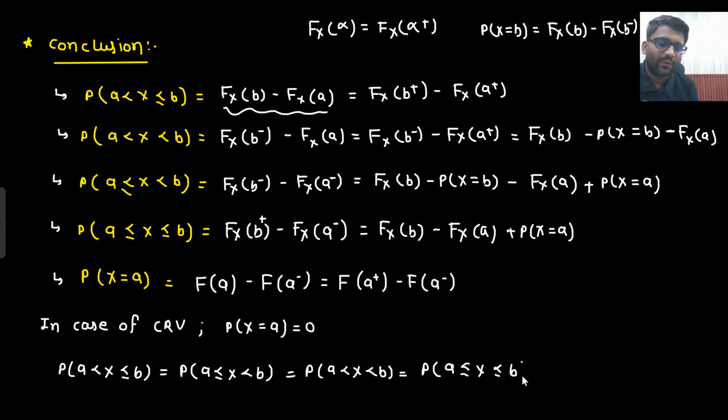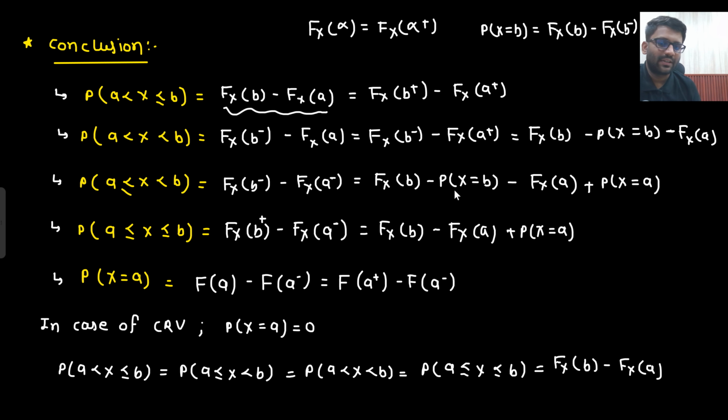All these will be equal or not, and they will be equals to fx of b minus fx of a. Why is that so? Because you see this particular expression here, directly this is coming, no issue. You see this particular expression, see here, fx of b minus, this particular thing will be 0 in case of continuous random variable. So what you will be getting? Fx of b minus fx of a.